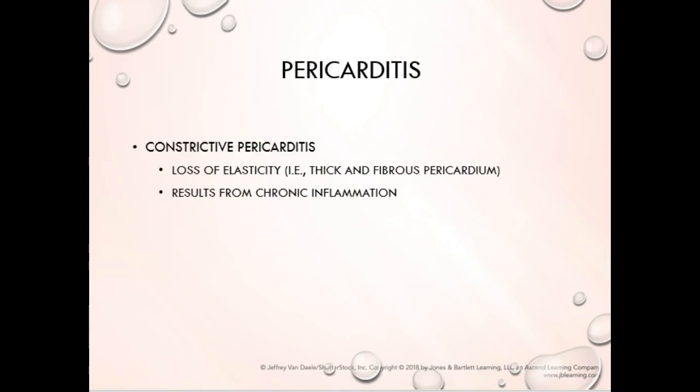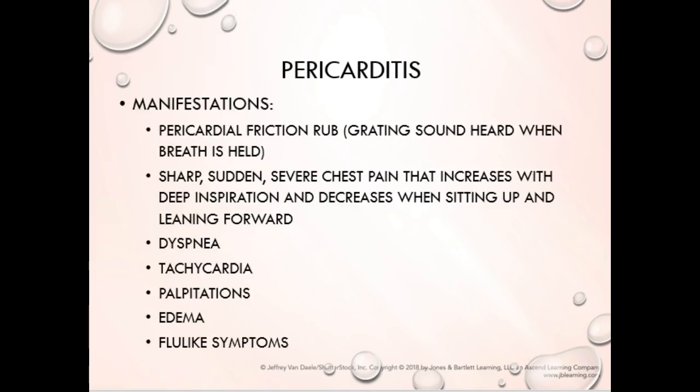Constrictive pericarditis is the loss of elasticity. You could get a thick and fibrous pericardium. This is chronic inflammation or some sort of damage that has happened, as opposed to the fluid. So these manifestations are lists of things that can happen.